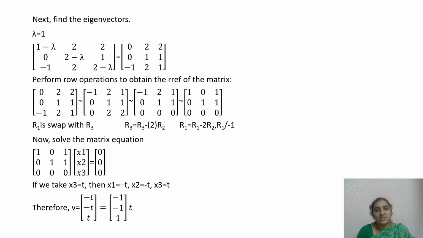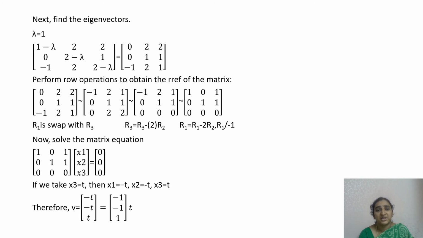Perform row operations to obtain the row reduced echelon form of the matrix. We can swap R1 with R3 to get the resultant matrix [-1 2 1; 0 1 1; 0 2 2], which would give us the first entries of the rows here in the second row and the third row to be equal to 0.